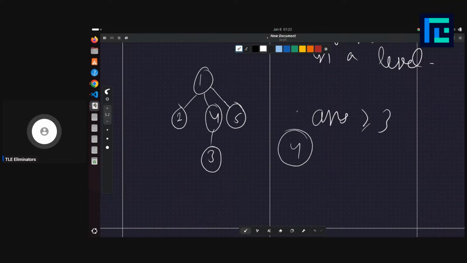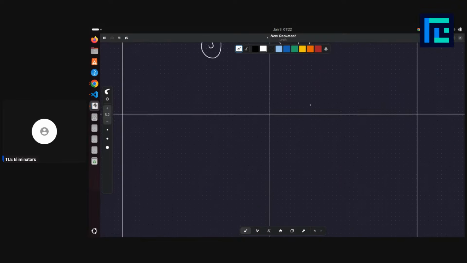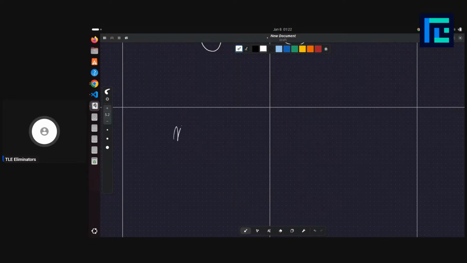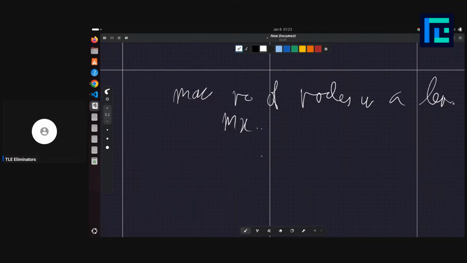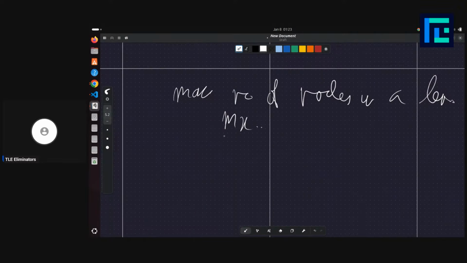Now, is it possible to always do it in 4? How do we know that it's always possible to do it in one more than the minimum? Let's say I counted the maximum number of nodes in a level, and let's say it is mx. Basically the answer is definitely greater than or equal to mx.